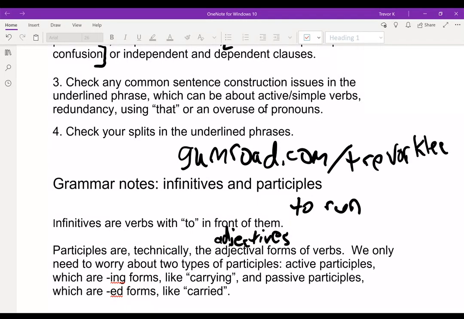So, for instance, participles, really commonly, we can just use them just as adjectives. So we can say something like, the boy carrying the ball ran down the field. Right? Carrying the ball describes the boy. Or we can say, the ball carried by the boy ran down the field, something like that.